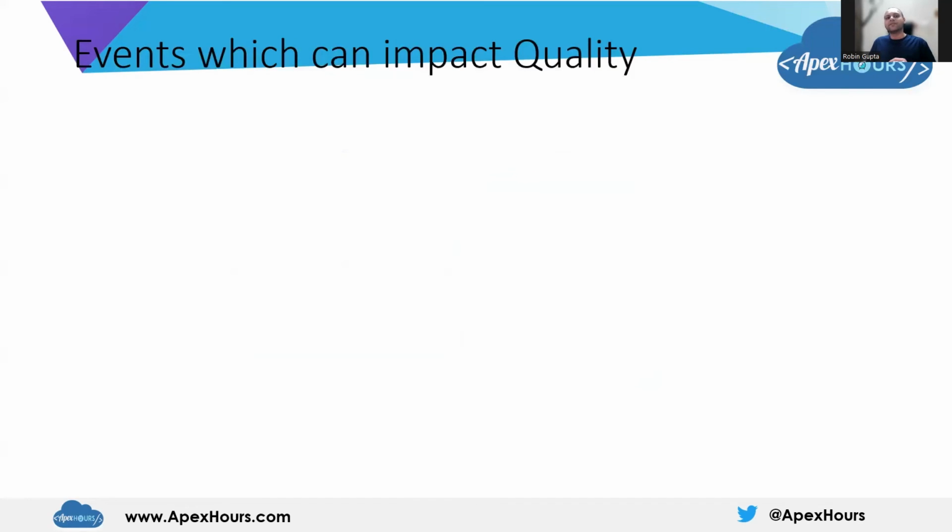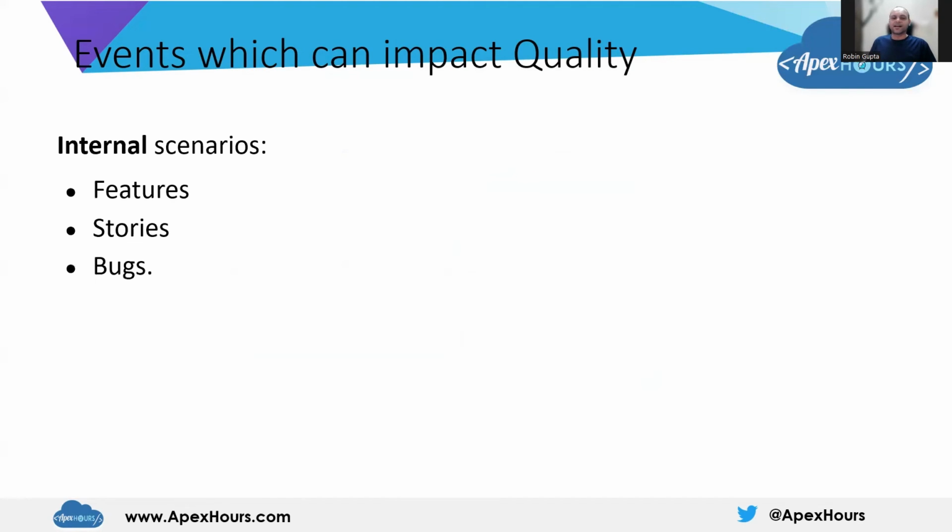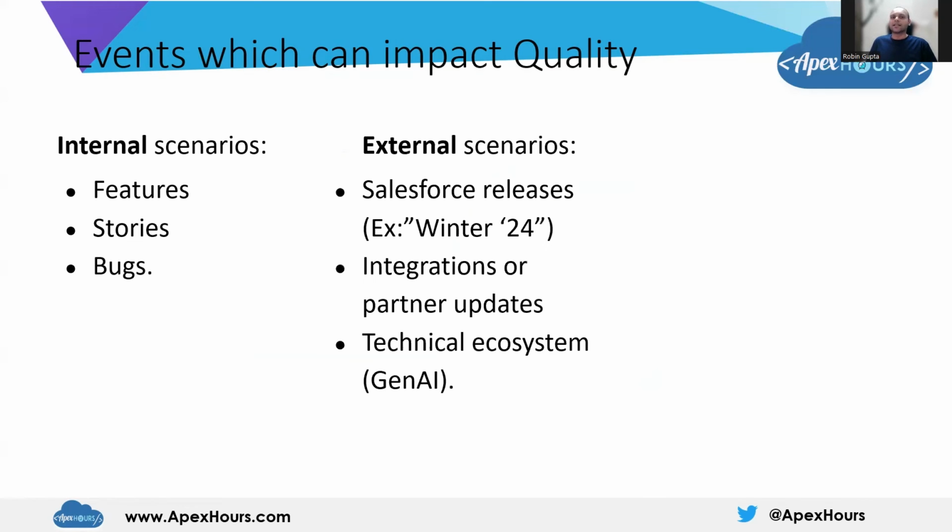There are multiple events which can impact quality. As we were discussing, there could be internal scenarios like features, stories, and bugs which you deliver. So we might consider users' expectations, or we might not, and therefore the bugs could arise. There are external scenarios which impact quality. Some of them could be from, let's say, the Salesforce ecosystem upgrade.